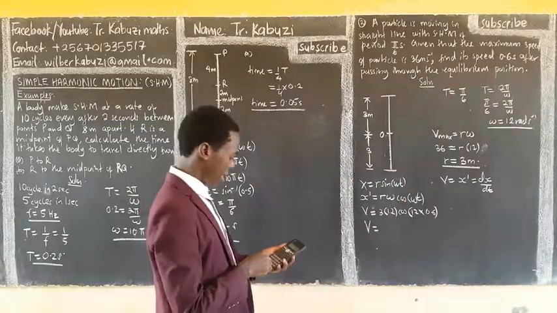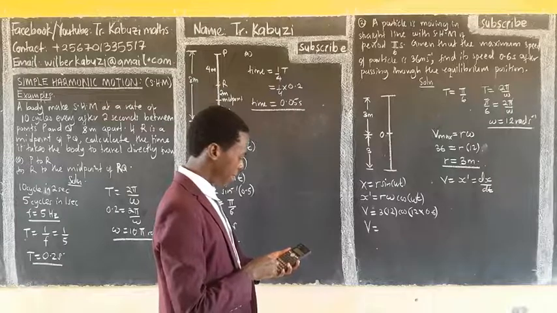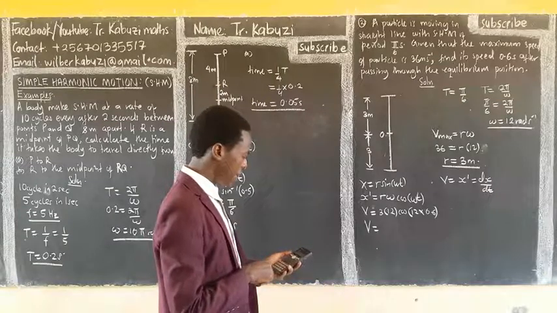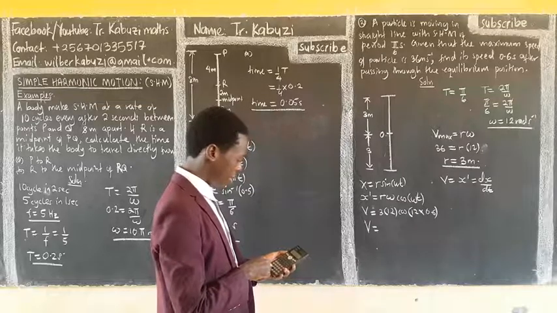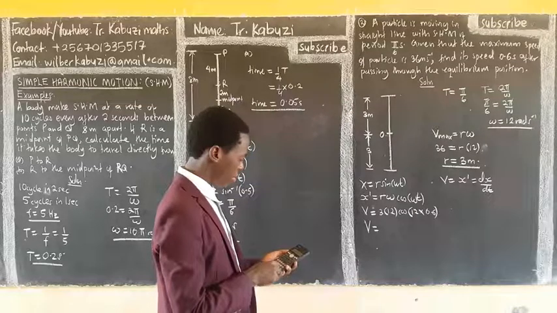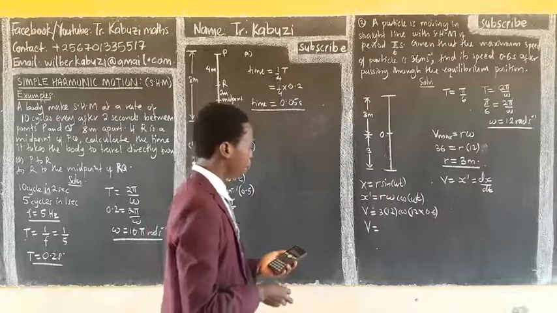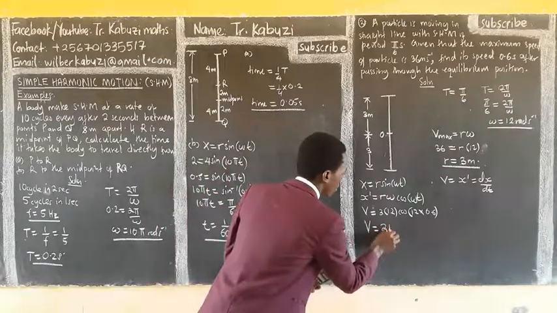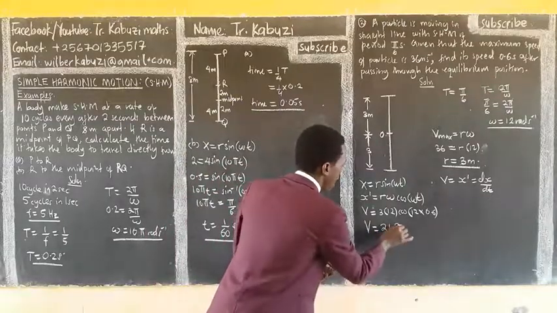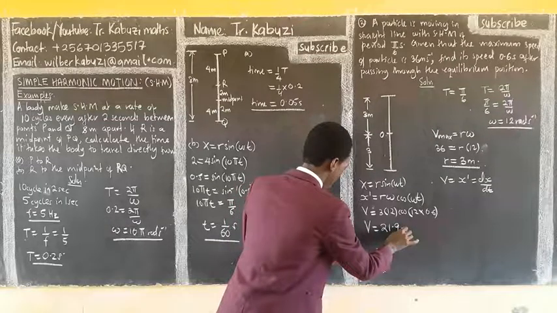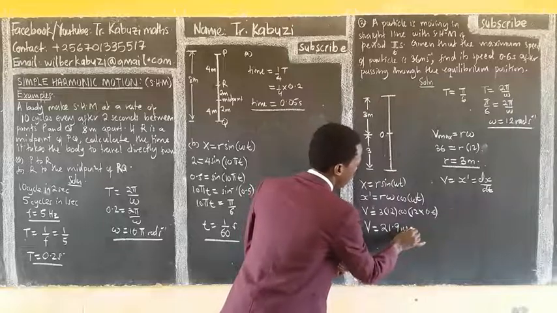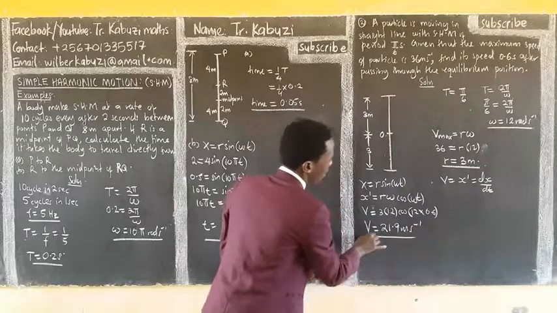So there I'm going to get 12 times 0.6, cos of the answer, times 36. So my velocity is 21.99 meters per second.